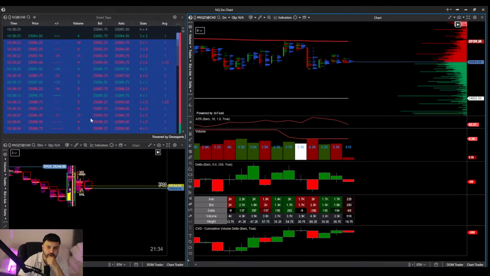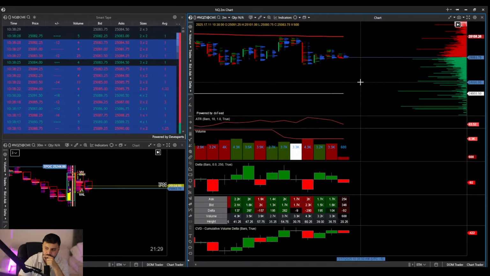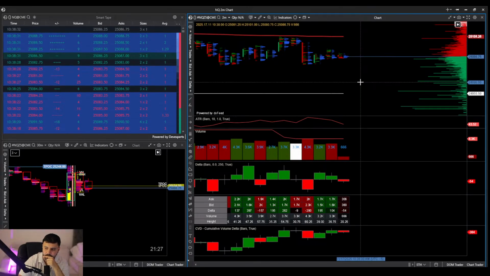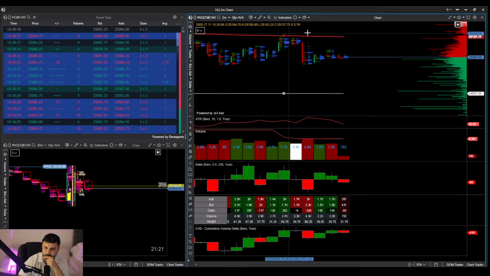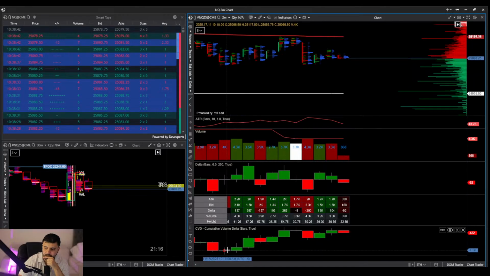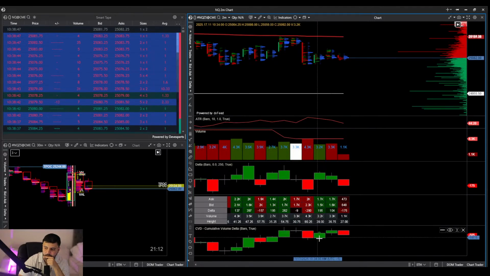Short starting to dominate the book. At the same time they're showing exhaustion, because we got heavy positive delta when it came down.